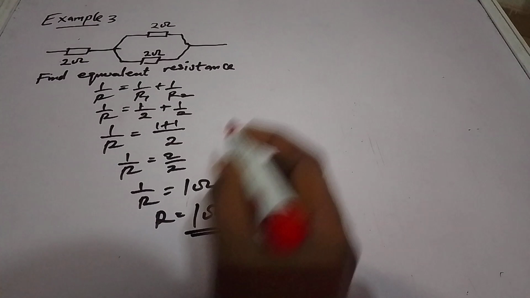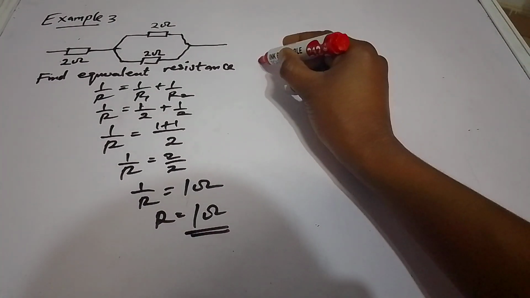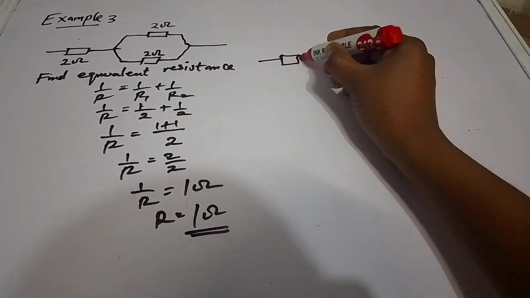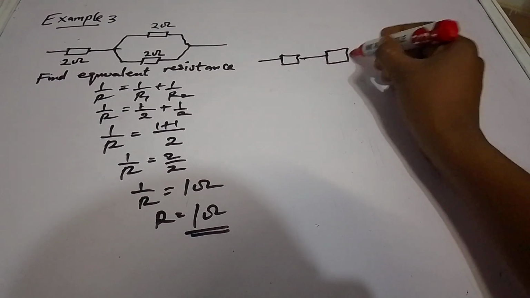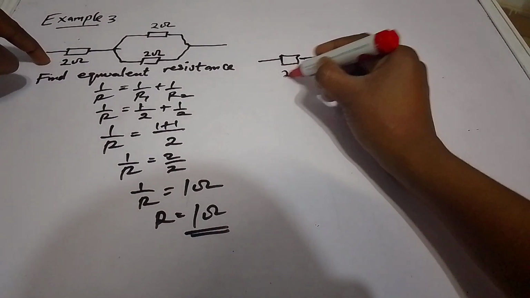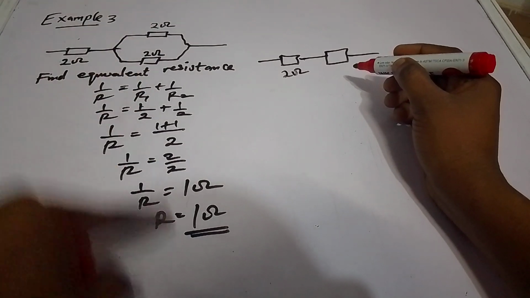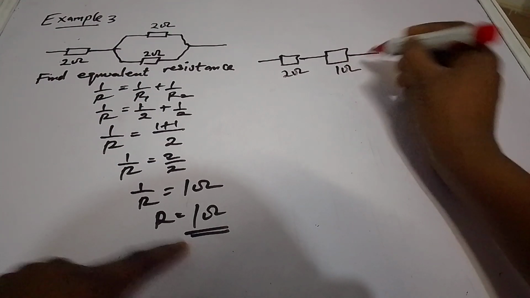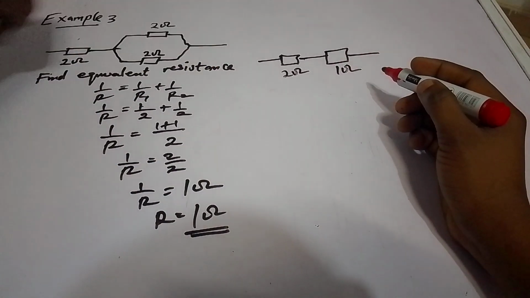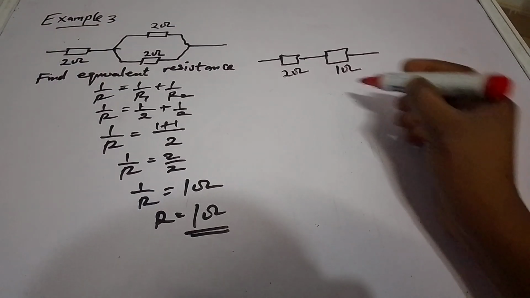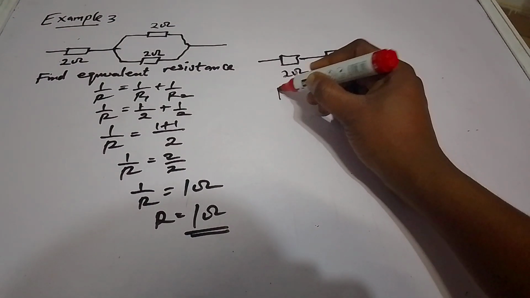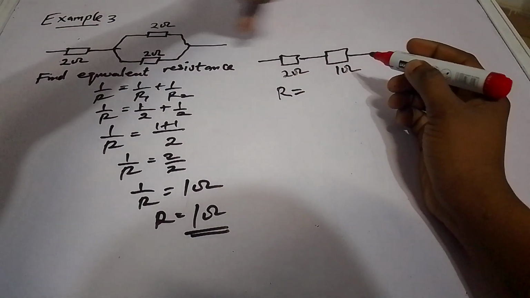So we can redraw the circuit to now become like this. So this is the 2 ohms, and this one, the combination of these two, we have added it up together to give us 1 ohm. So this one is 1 ohm. So find the equivalent resistance in the whole circuit. So the equivalent resistance in the whole circuit is R, because this one is now in series.